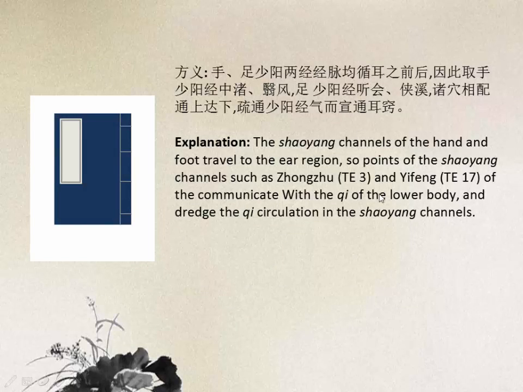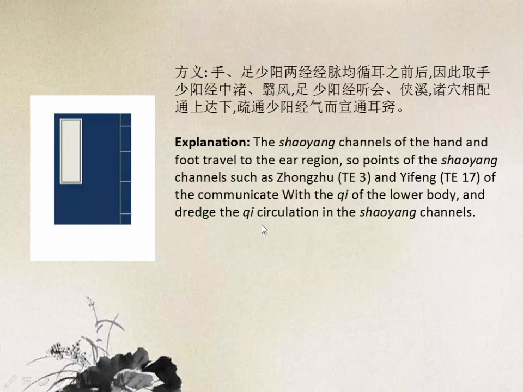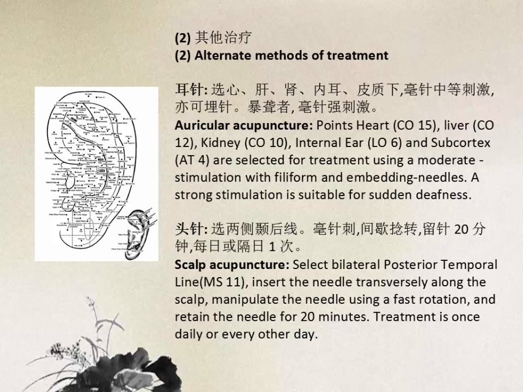Oh, there's even an explanation in the notes. Look at that. All right, so again, dredging the qi circulation of the Xiaoyang, those distal points here, dredging the meridian. They're, again, most important with those excess patterns. Okay, we can use auricular acupuncture.